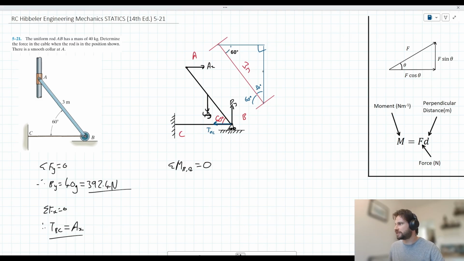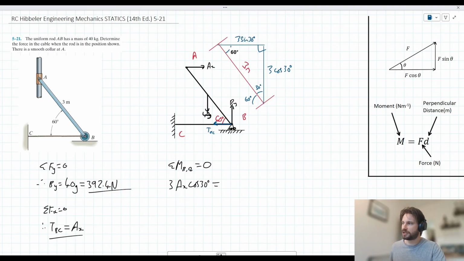We could express this vertical length here as 3 cos 30. You could express it alternatively as 3 sine 60. They're the same numeric value, right? I'm going to express it as 3 cos 30, and this length here we can describe as 3 sine 30. So the moment produced by AX then we could describe as AX times 3 cos 30.